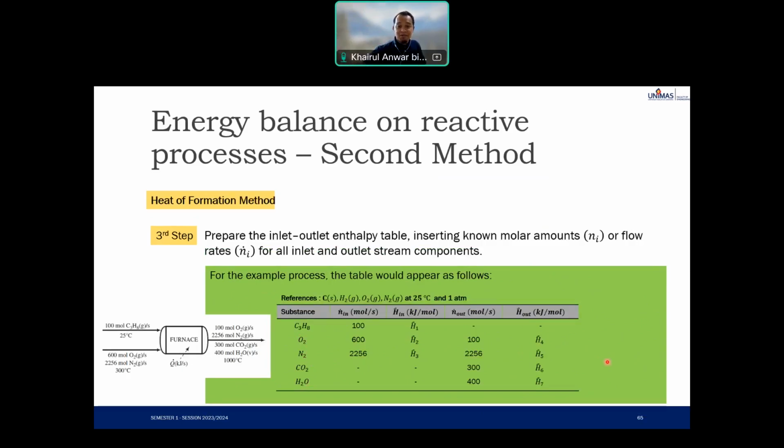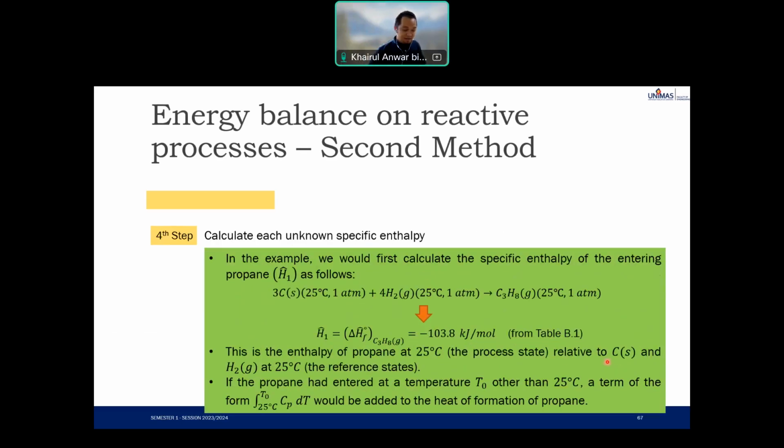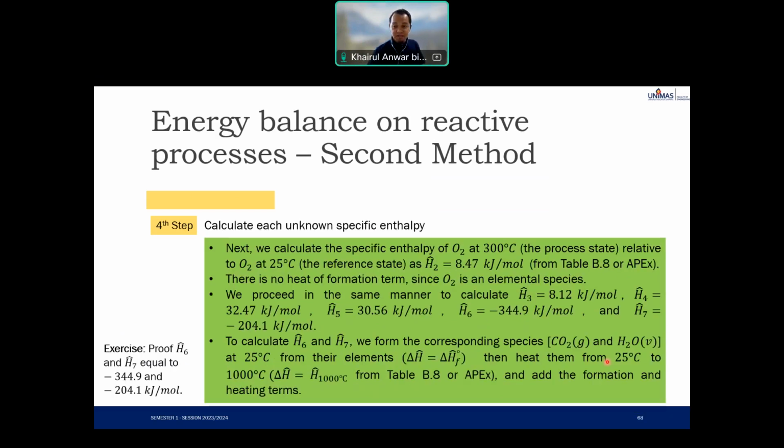There is no O plus O; the lowest form is oxygen and nitrogen. That's different from CO2 and H2O, so we need to do the heat of formation with 25 to 1000 degrees C.